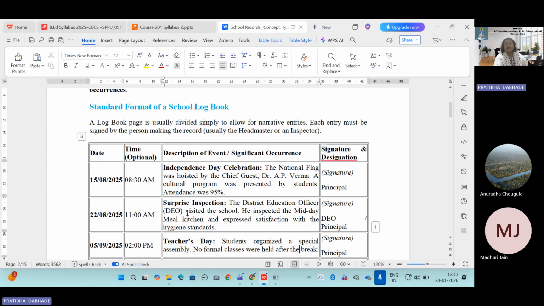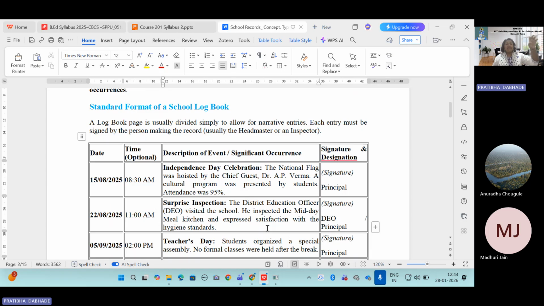You can see maybe there is a surprise inspection by the district education officer. He has noted the date and even the time when he visited, then inspected the midday meal kitchen and expressed satisfaction with the hygiene standard.